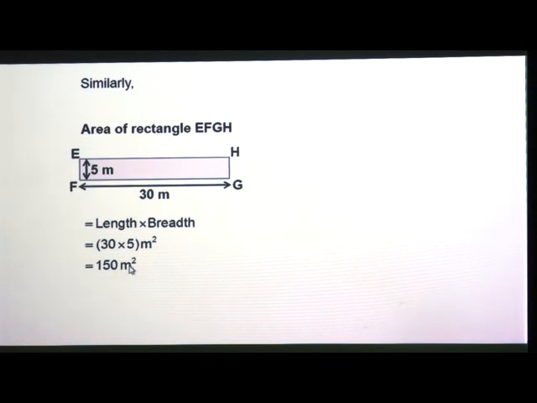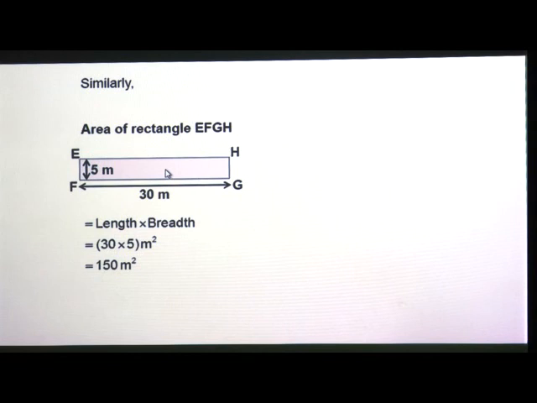What is it? It is the area of rectangle EFGH. So, what we have done? We have found the area of both the rectangular paths which were in the middle of a farm.